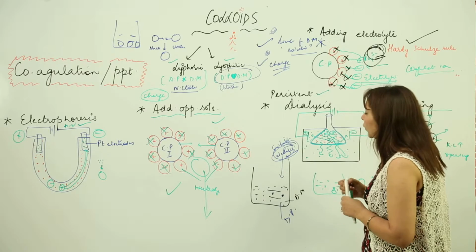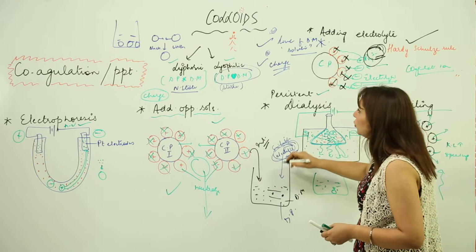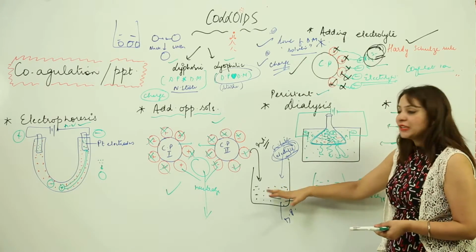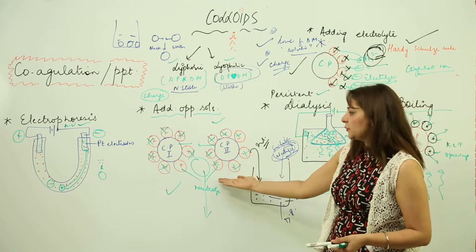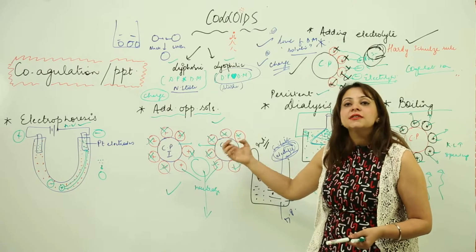Secondly, we are going to add another substance which is going to remove the charge. As I told you, if it possesses a positive charge, I can add a substance which carries a negative charge, so that they neutralize the charge.